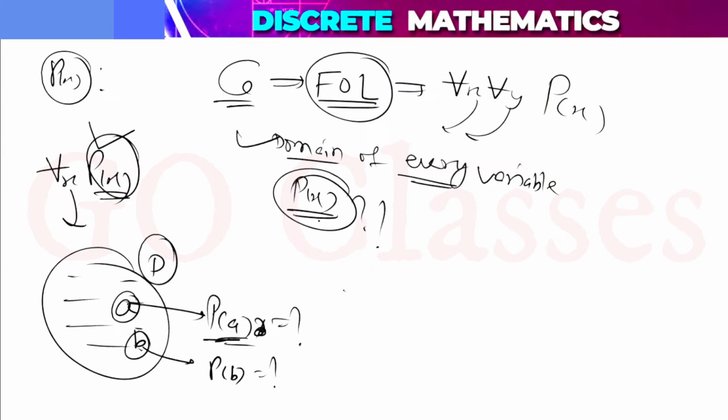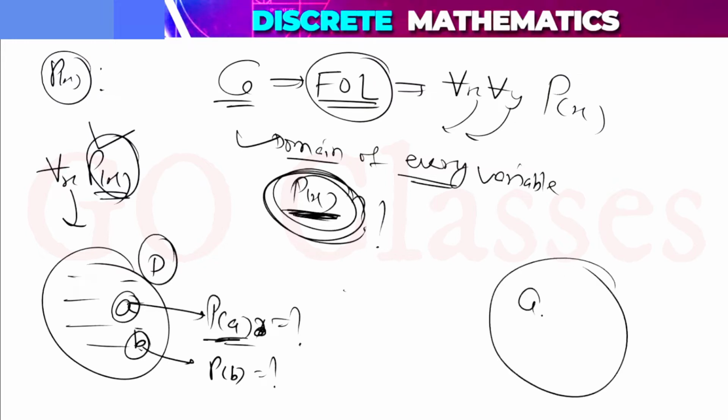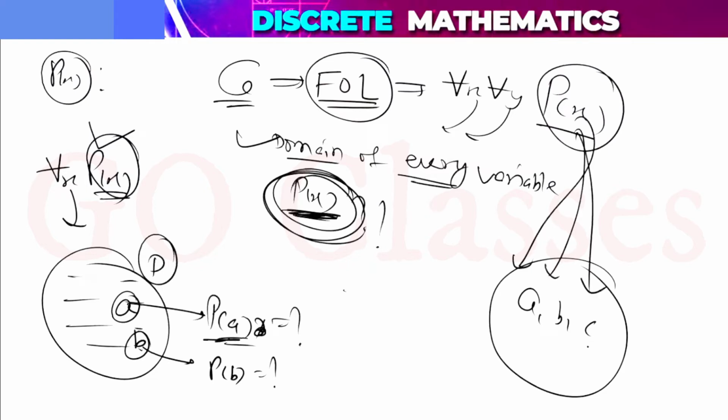So you require the domain of every variable, and you require the interpretation of every predicate in this domain. In this domain, what is the interpretation of p for every element? This is also what you need.